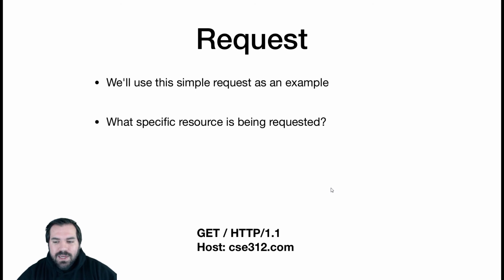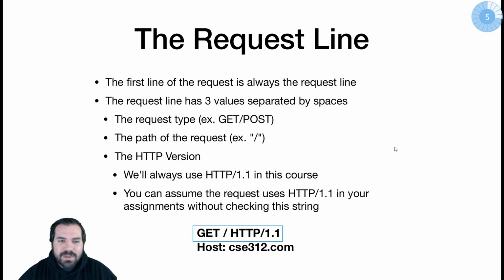So with this request, at this point you should be able to tell me what is being requested here. And if we were live, I would shut down lecture and ask, what's being requested? I could still do that, but let's just keep this moving. So let's break this apart and talk about how this is structured. The first line of every single request is going to be the request line.